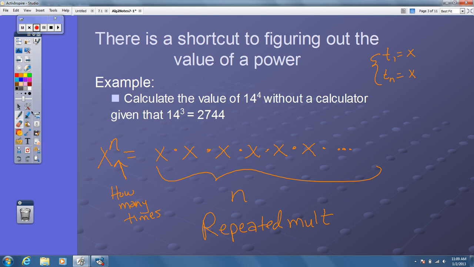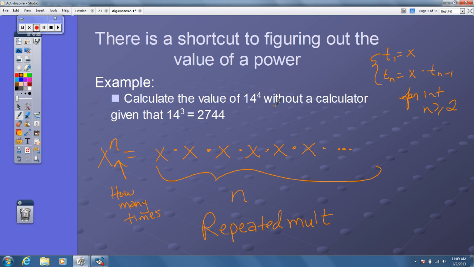So you take the term before it, which is n minus 1, and you multiply it by x, because each time you're going to take it times x, for integers n greater than or equal to 2. So you start with x, and then each time you multiply the next term by x again.